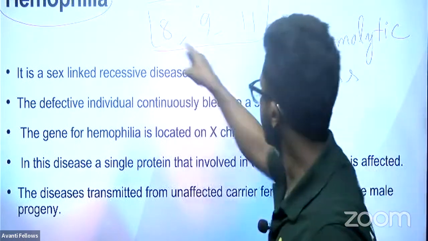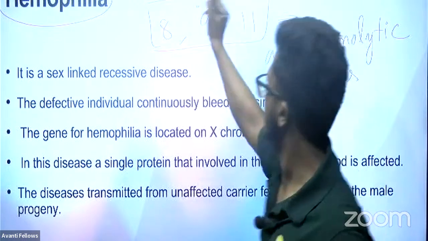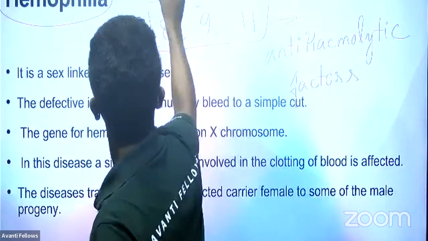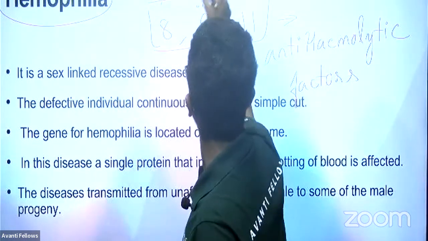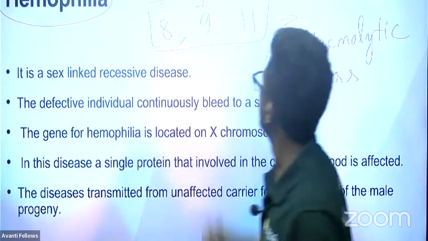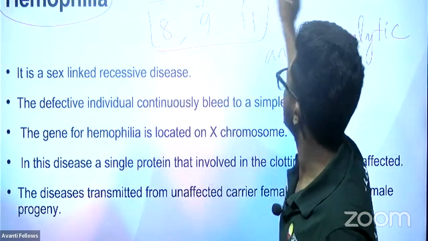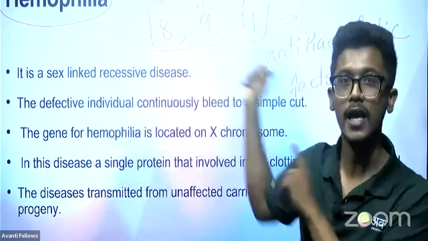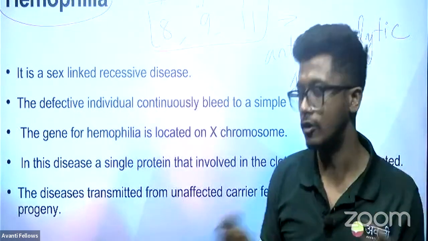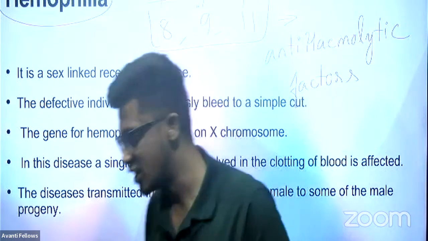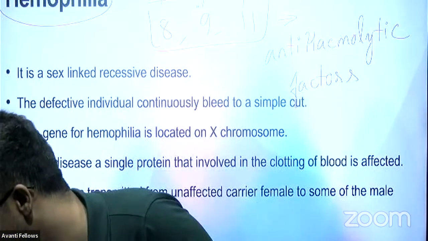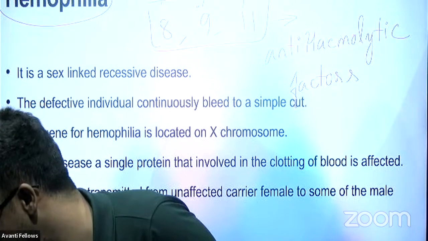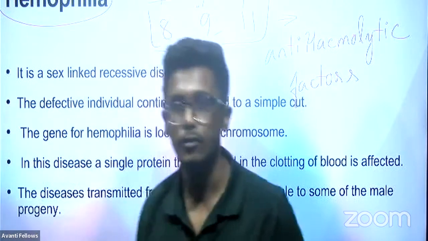Okay. Factor 8, anti-hemolytic factor A. Factor 9, anti-hemolytic factor B. Factor 11, anti-hemolytic factor C. Hemophilia, hemolytic. Are you able to find a connection here? Definitely, right? You can find that there is something relevant here that we are talking about.